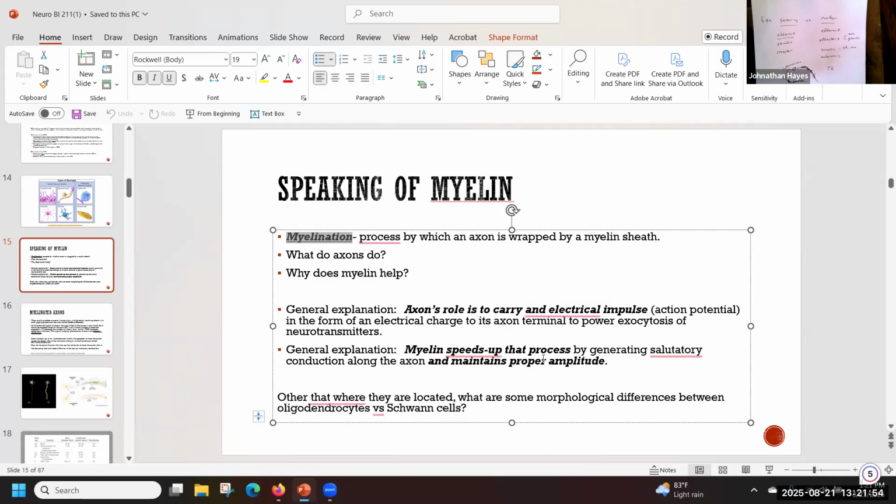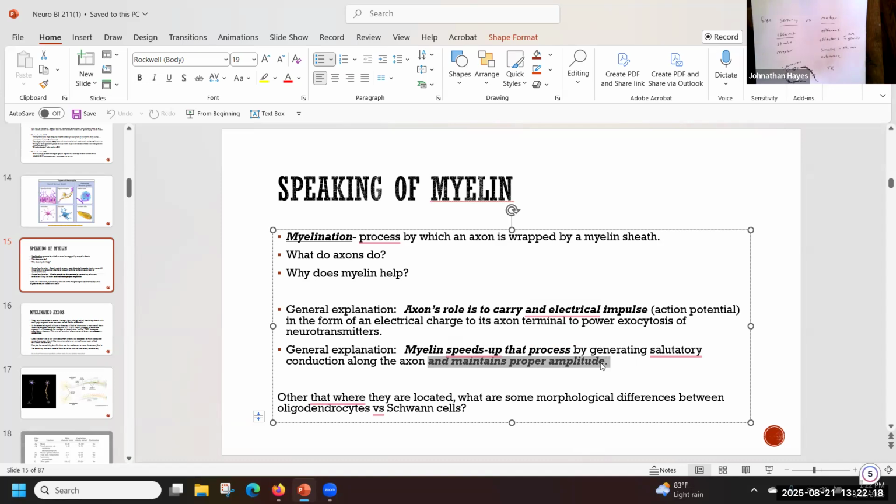So I did put that for you down here, because ultimately, when you go through that depolarization phenomenon, we want to make sure that the voltage we generated stays as close to its original voltage as possible by the time it makes it to the end of the axon. That's what they mean by maintaining proper amplitude.